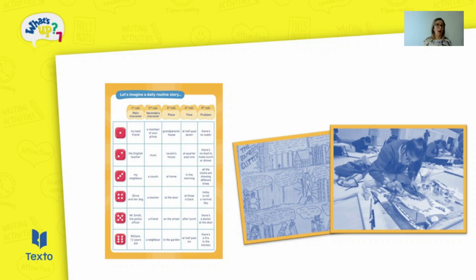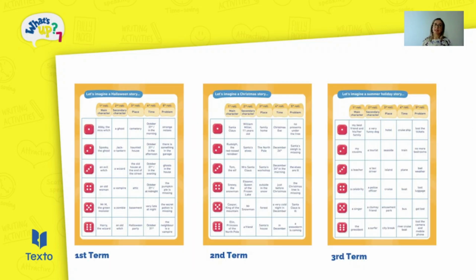Still on this type of stories, why not do the same for Halloween or Christmas and summer holidays? So you can even divide this among the 3 different terms to have these mini classroom projects throughout the 3 different terms of the school year. The Halloween story, October, coming up soon.